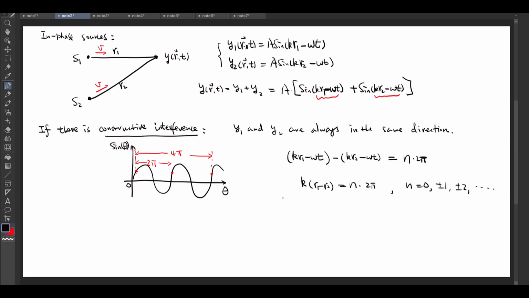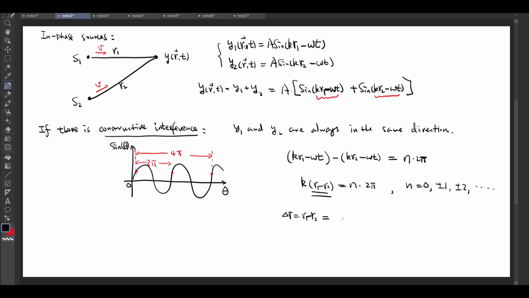And usually in a picture, we see the r1 and r2 values in terms of a distance, right? So that's why we want to change this condition to talk about delta r. What condition should delta r satisfy so that we can have constructive interference?